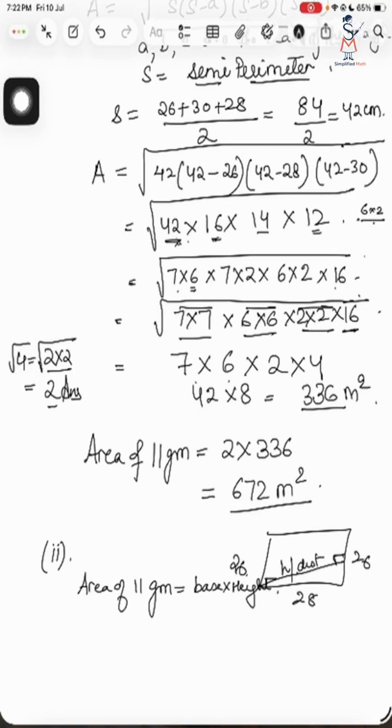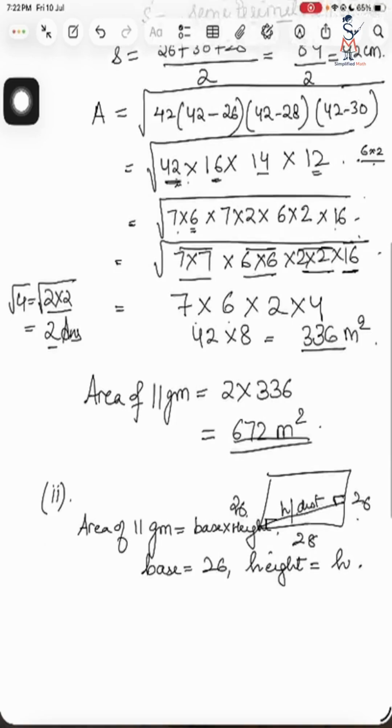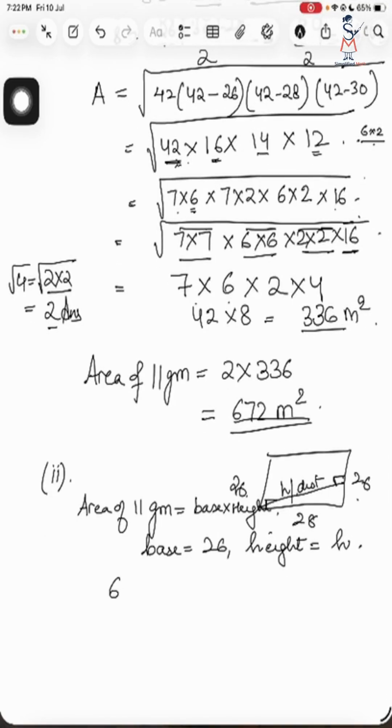We also know the area of a parallelogram is base into height. So we have found the area of the parallelogram, and the base is 26. So what will be the corresponding height for that? That is the distance between them. Let it be h. Area we found, 672, is equal to 26 into h, because this is the area of the parallelogram.